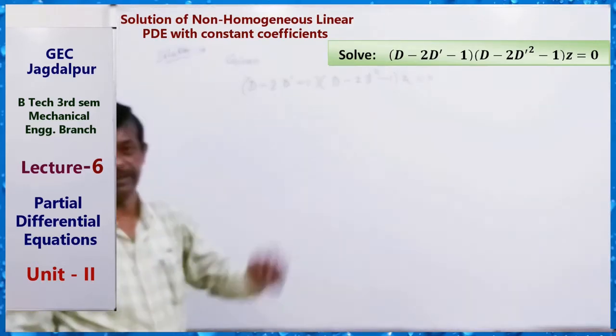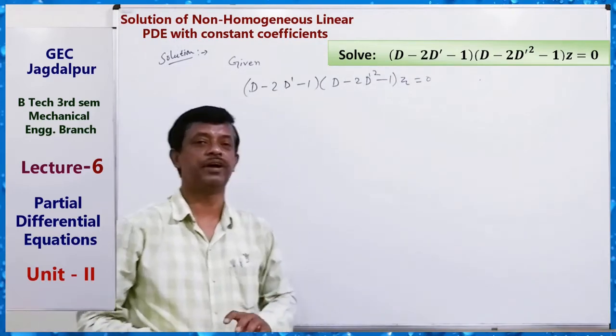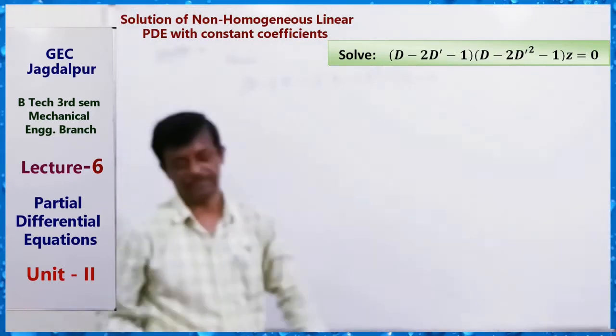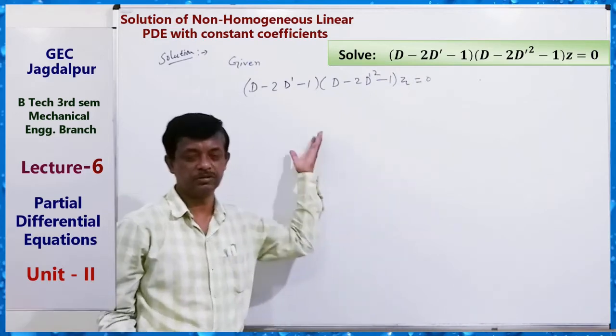Suppose this is the given equation. Then how can we find CF? Right hand side is 0, so the complete solution is CF.